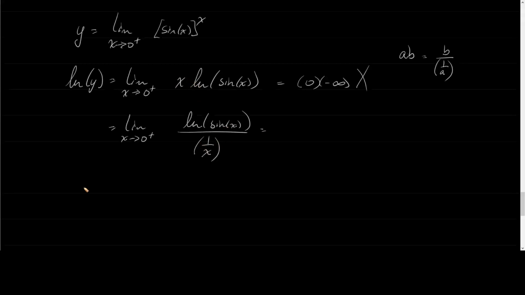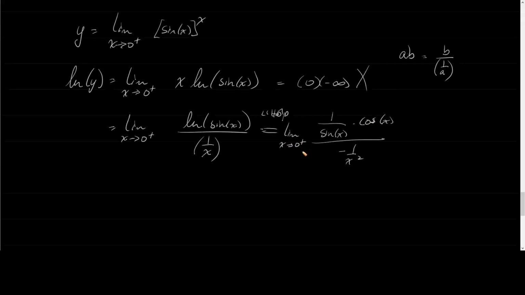So in here, if I apply L'Hopital's rule now, and notice we're definitely able to do so because, as we said already, this part right here would be negative infinity, and this part over here would also be infinity. So we have a ratio of infinities, definitely still indeterminate. So we apply L'Hopital's rule, and I end up with 1 over sine of x times cosine of x, by the chain rule, over negative 1 over x squared.